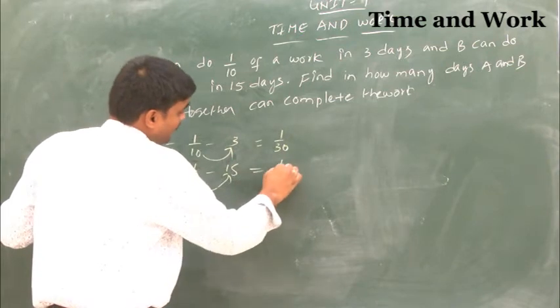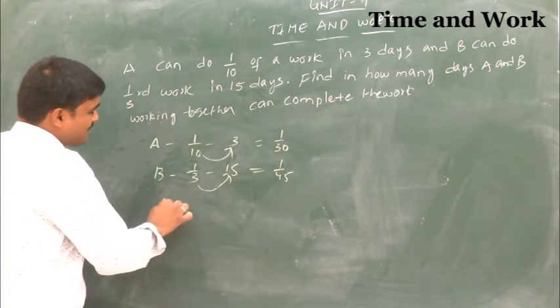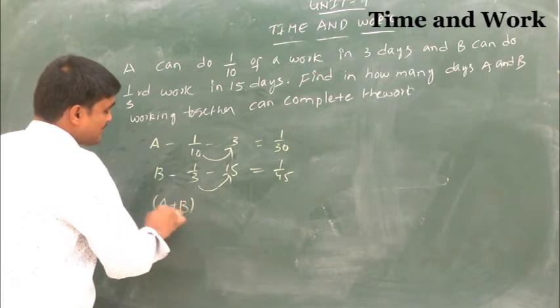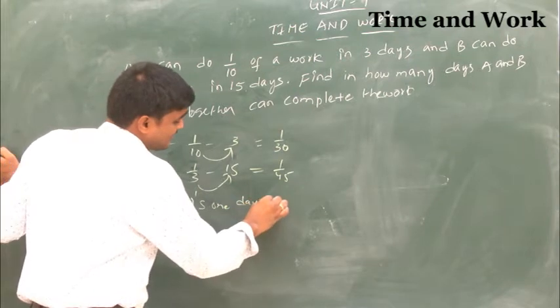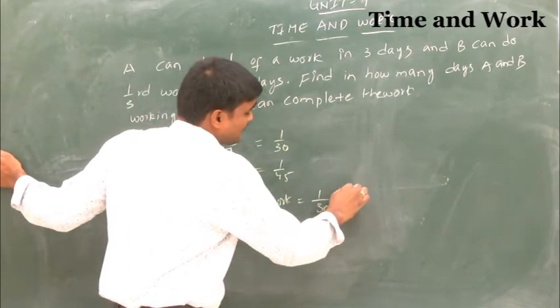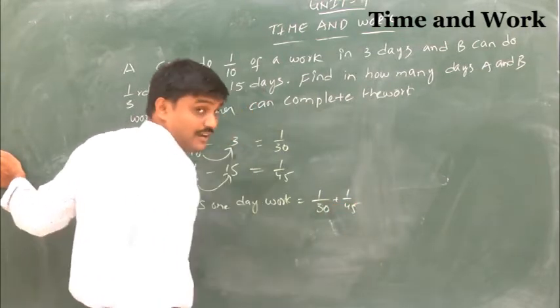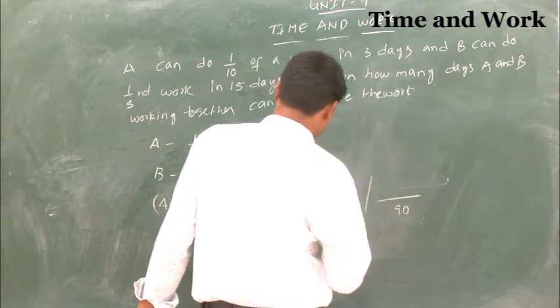1 by 45. So A plus B's 1 day work is 1 by 30 plus 1 by 45. So LCM is 90.